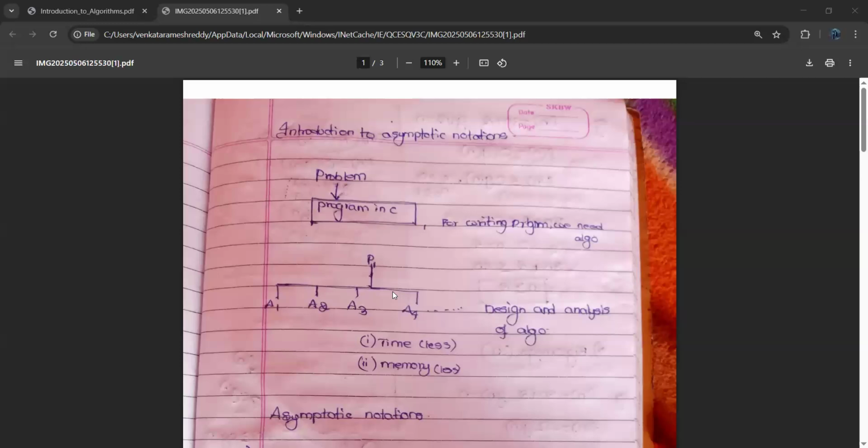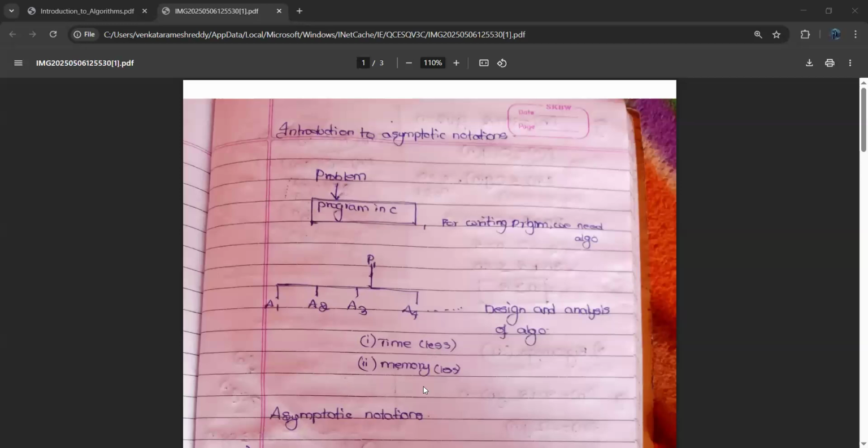Whatever algorithm takes less time and less memory is the best option that we choose to solve any problem. Based on these two factors, we choose the best algorithm.